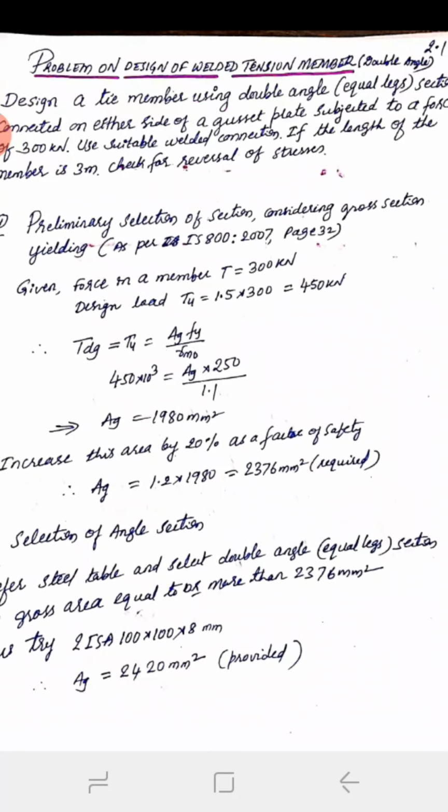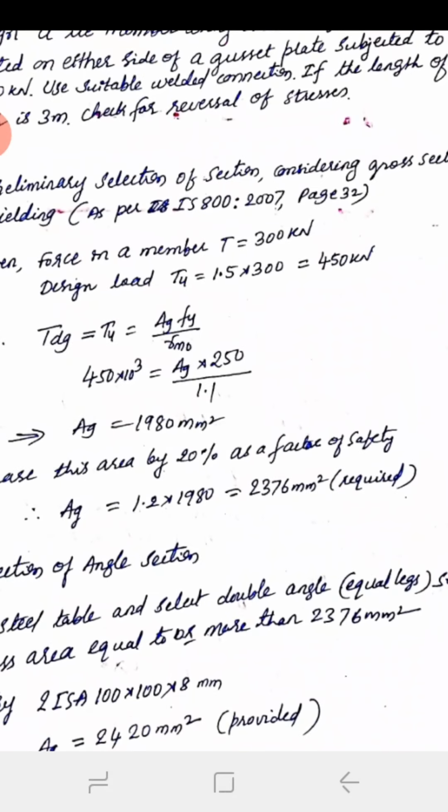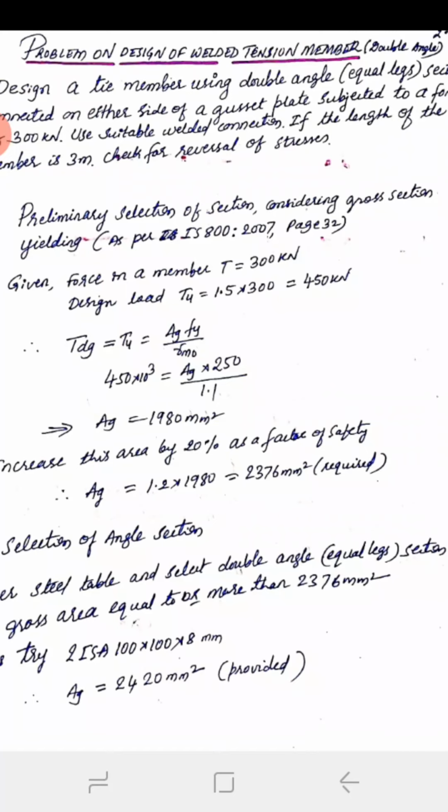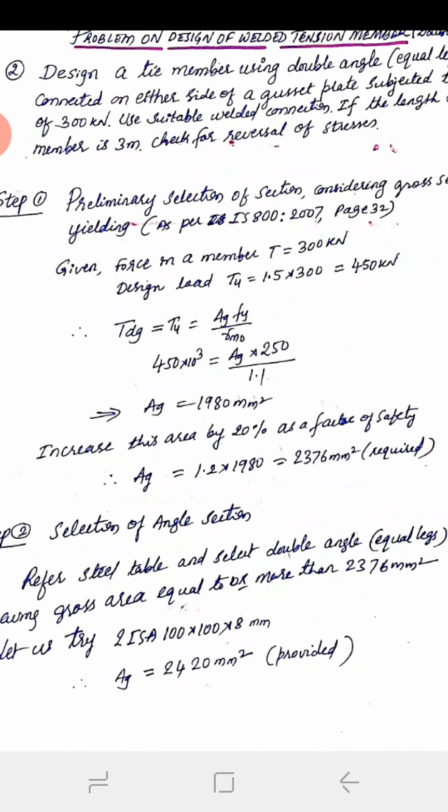Step number 1, you have to assign the preliminary section. In the same way as you solved in the previous problem, likewise you have to design. You first calculate the preliminary section required considering gross section yielding as per IS 800 2007. You calculate the preliminary area required, then increase that area by 20%, and for whatever area you get after increasing 20%, assign the section.